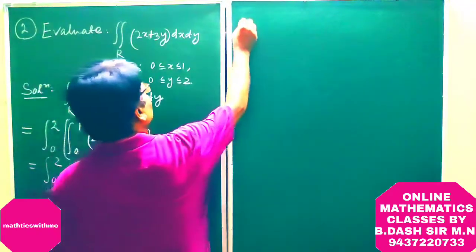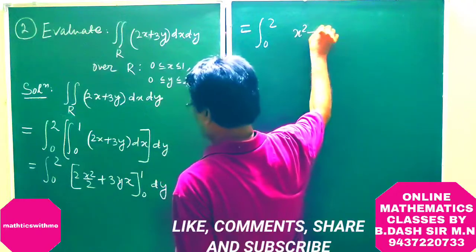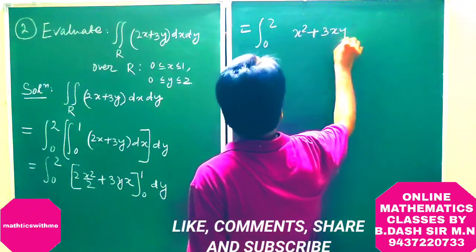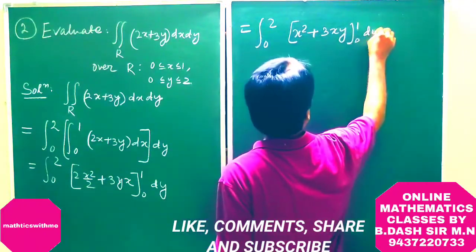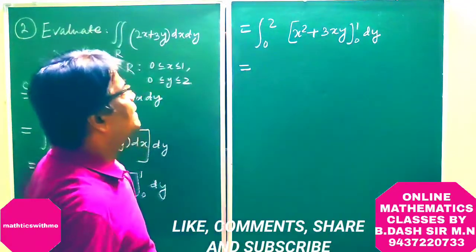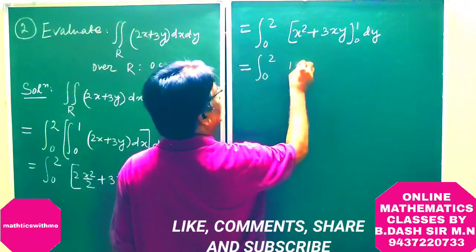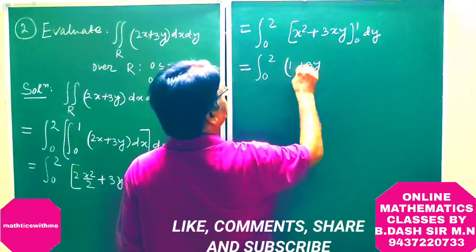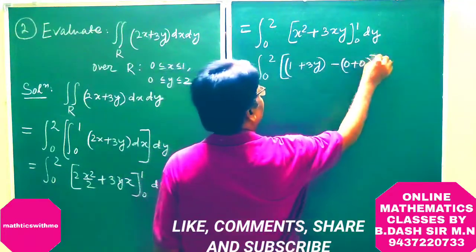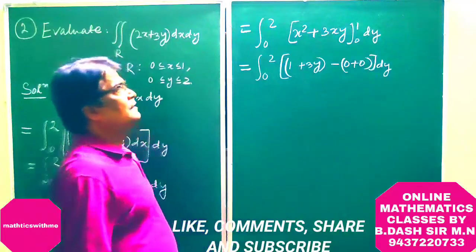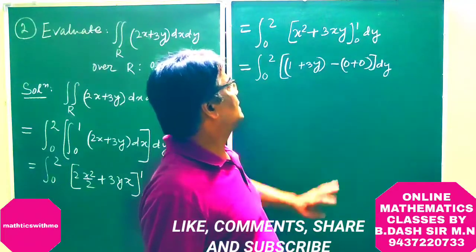Now this is equal to integration 0 to 2 of x square plus 3xy, from 0 to 1, dy. Now putting the limiting values, it will be 1 plus 3y minus 0 plus 0, dy. So first we have taken x equal to 1, then x equal to 0.